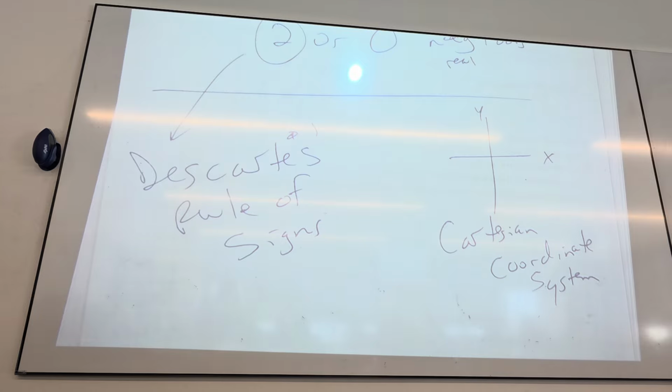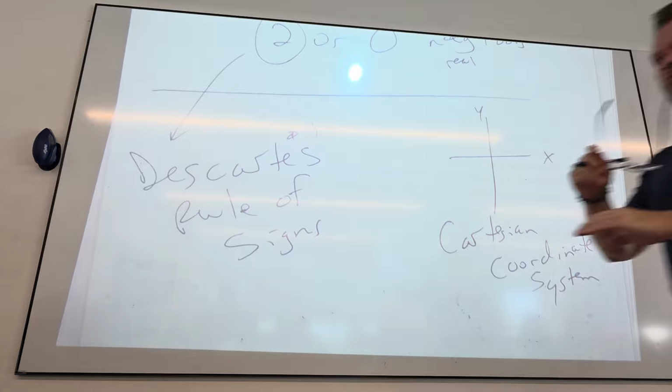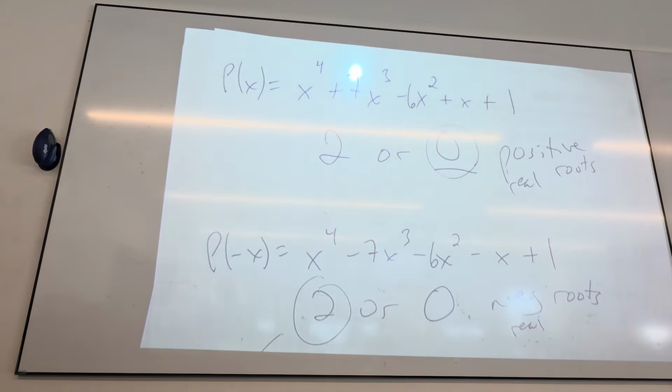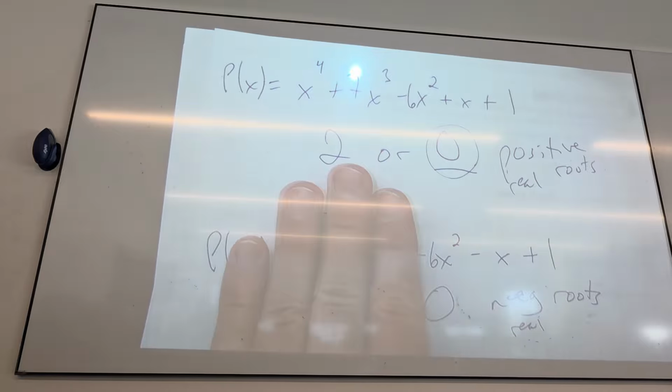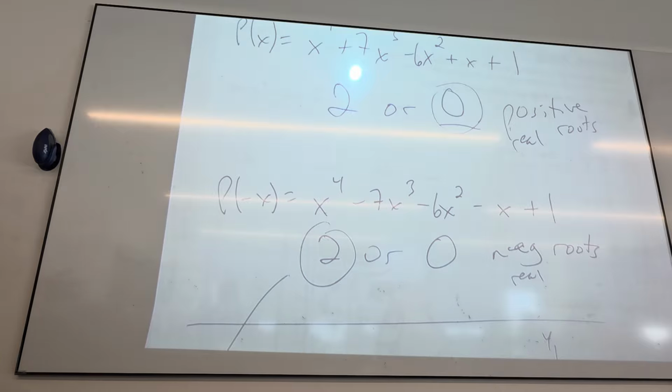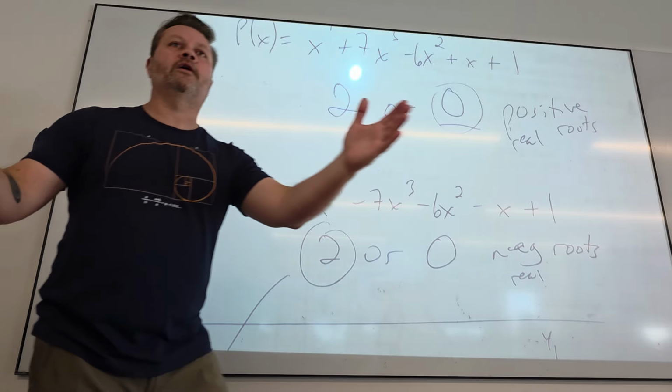So for the "or 0," is that only a thing for quadratics? Quadratic is gone. We are beyond quadratic. It works for quadratic, but it works for polynomials, period.